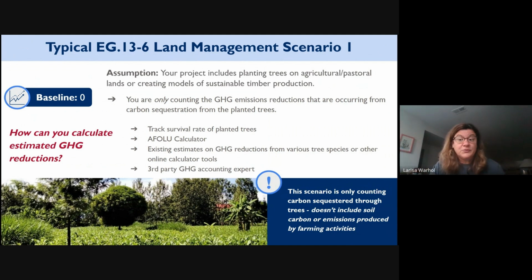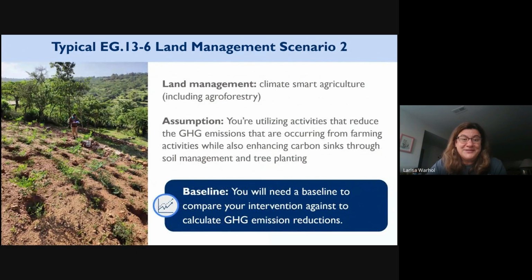Again, this is super similar to restoration. You don't need a baseline. You're really just tracking the survival rate of the planted trees and using the same methods. It's not thinking about things like soil carbon or other practices on the farm that could be reducing greenhouse gas emissions. That is our scenario 2.